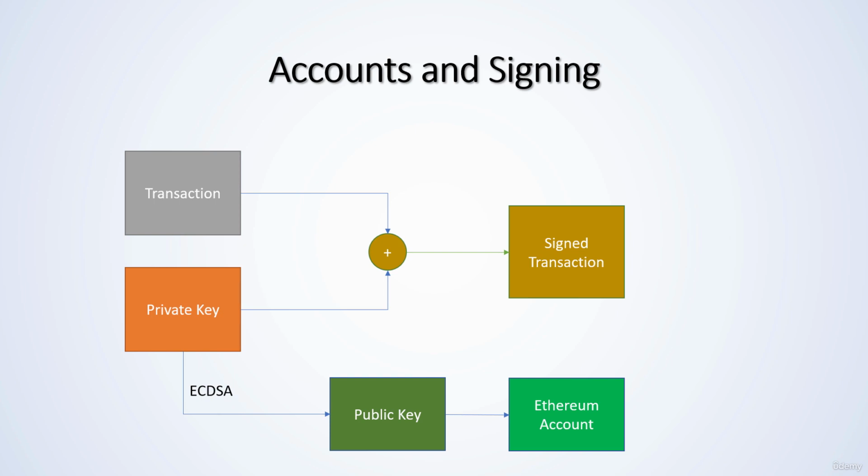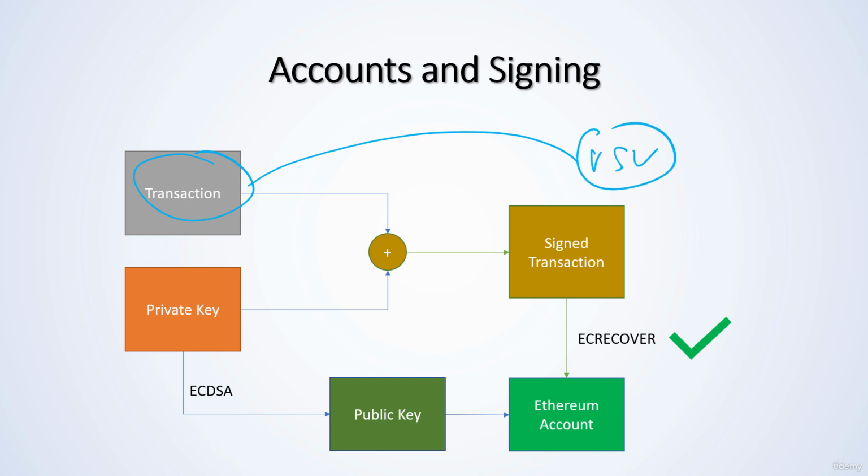So once you have this, there is another function on the blockchain that is called ecrecover, elliptic curve recover. And what does it do? It takes the transaction details that were provided. It takes the R, S, V values and it can recreate the Ethereum account.